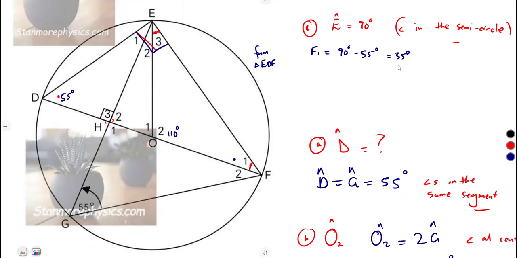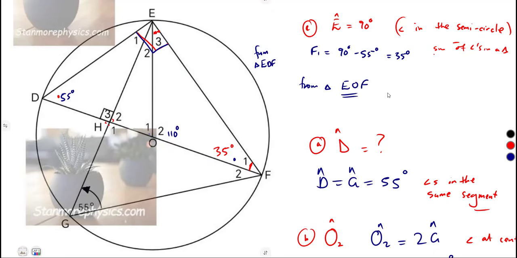We're talking about the sum of angles in a triangle, right? So that is going to give us what? Angle F1. So if angle F1 is 35 degrees, it's going to be easier for us to find the angle E3, the one that we are being told from triangle EOF.